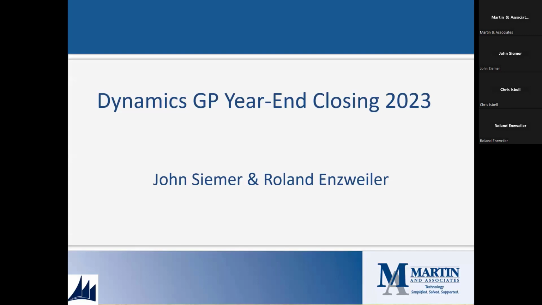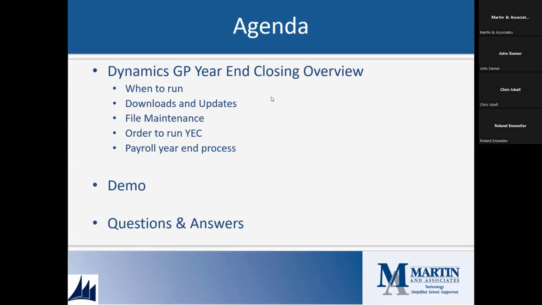So the way we're going to approach this is just going through the different modules that you can do year-end closing on, and when to run them, because there are some guidelines on what order to do the closing in the different modules.